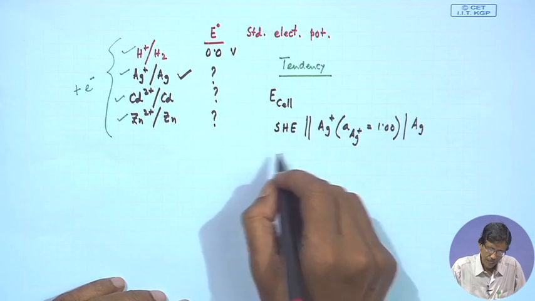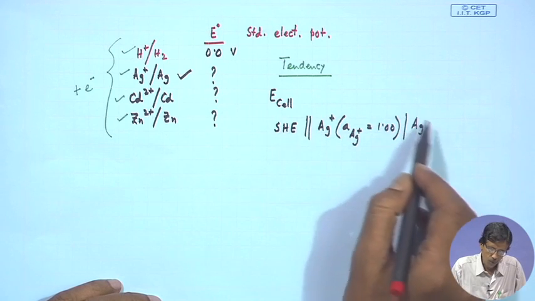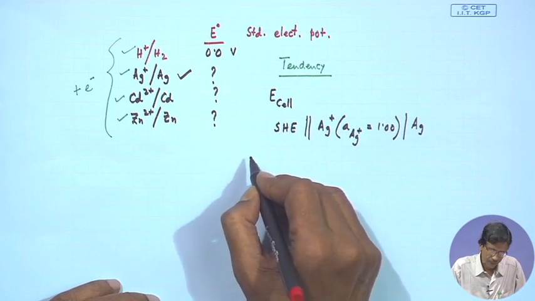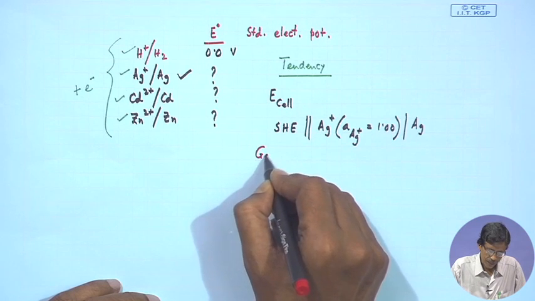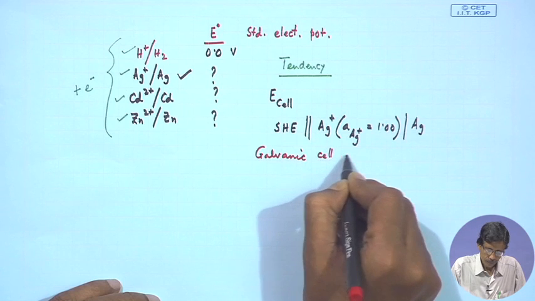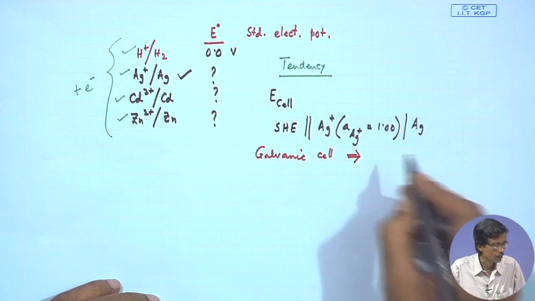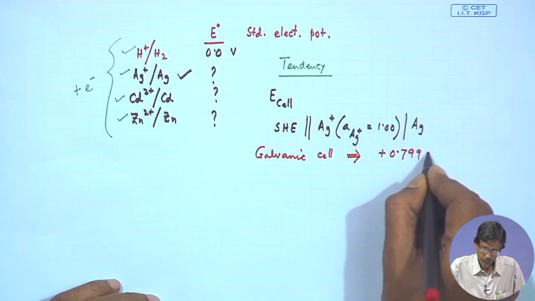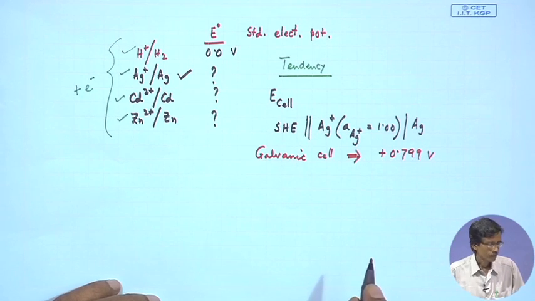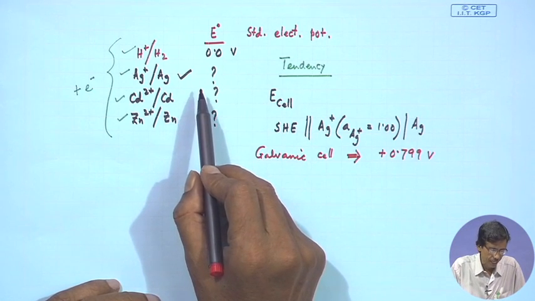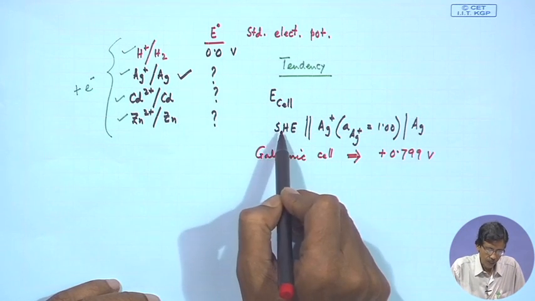It is not an electrolytic cell, but a galvanic cell. So, the galvanic cell will record the corresponding potential, which is plus 0.799 volt.